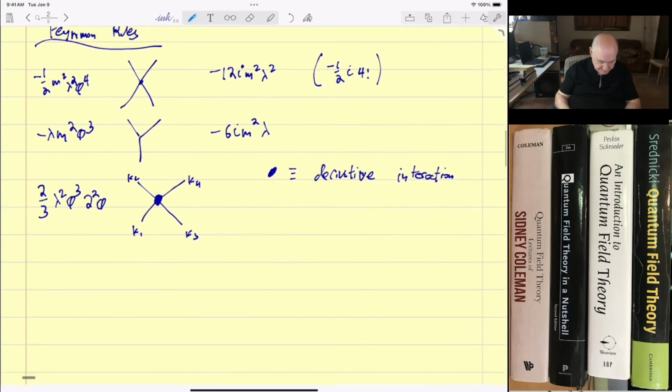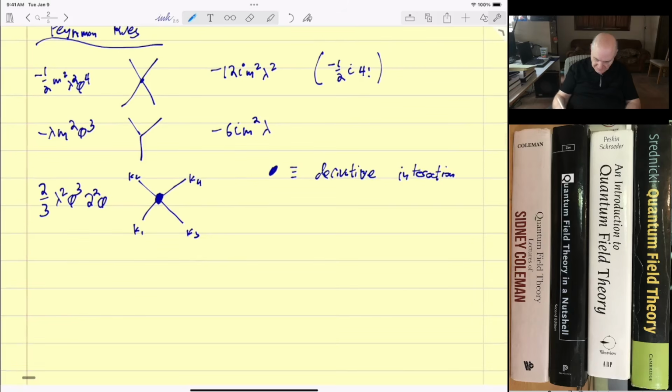And so this is going to be, I'll write it down, minus i times 4 lambda squared, K1 squared plus K2 squared plus K3 squared plus K4 squared.